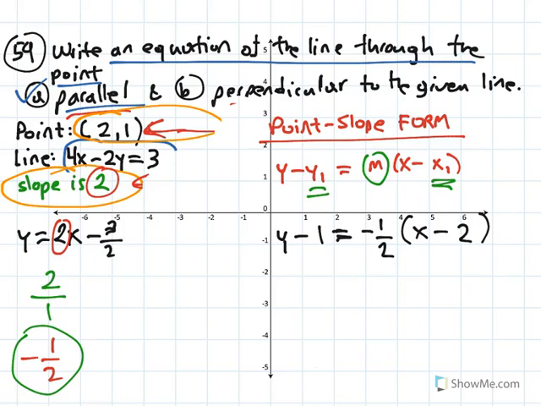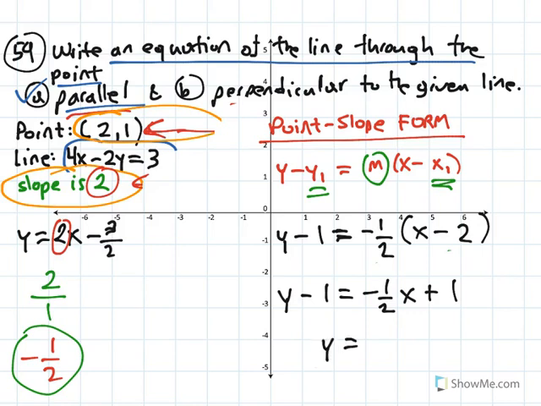Although it is not required in this problem, we can write this in slope-intercept form. One way to do that is to distribute the negative 1/2 to the quantity x minus 2 and then add 1 to both sides of the equation. So we'll go ahead and do that. And we get y minus 1 is equal to negative 1/2 x plus 1.